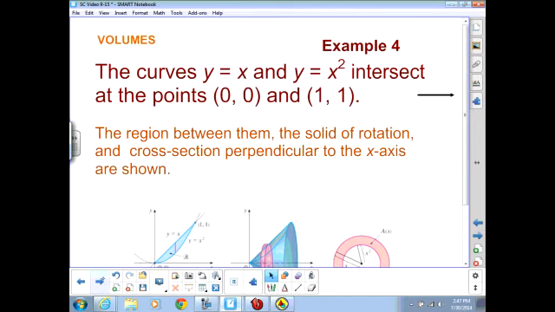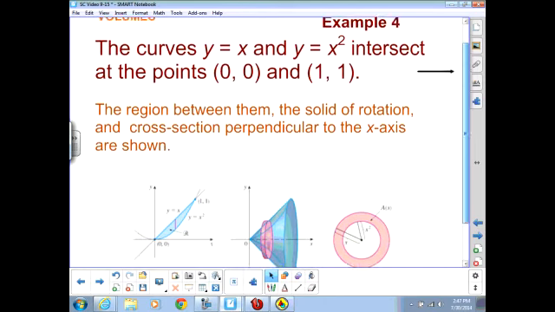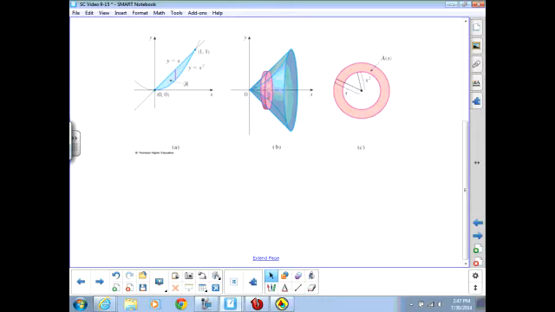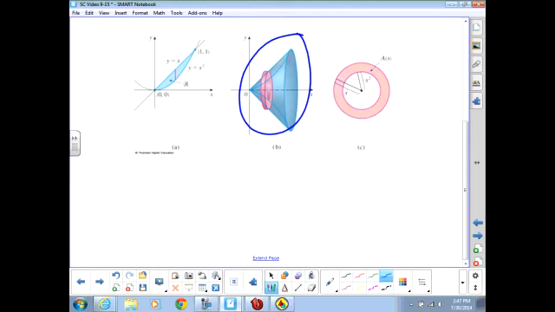So let's look at another picture of it here. Here we have our gap. When it gets rotated around, the whole region looks like a funnel with some thickness to it. And when we take each slice, it ends up looking like this. So we'll get a washer. Our strategy is still to do the area of our face times our thickness, where the thickness is dx in this case.